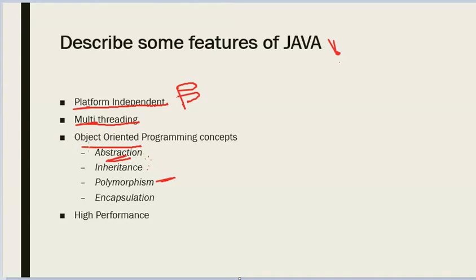Of course, in many cases, the user doesn't need to know how, for example, if he wants to call someone, if he wants to do some complex operation, he doesn't want to know the implementation details. He just wants to call a simple function and get the output. So abstraction means to hide the implementation details.